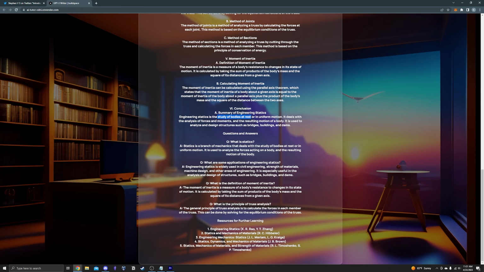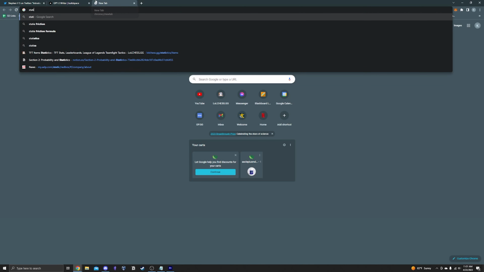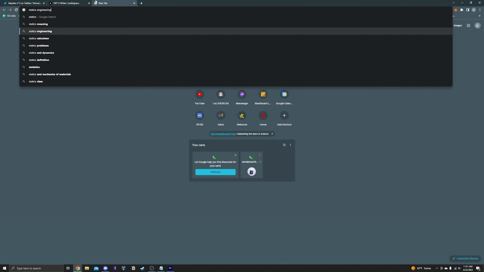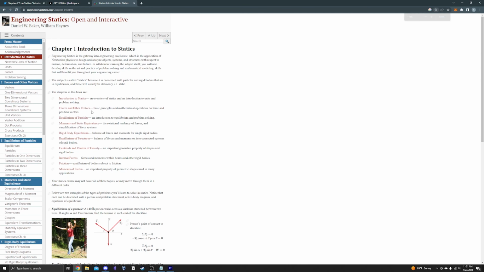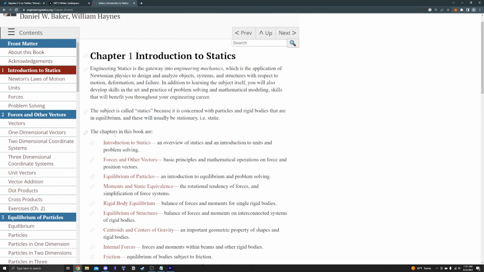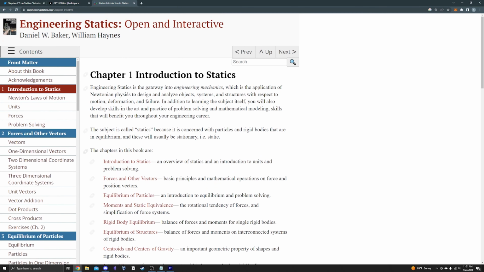In the study of bodies at rest or in uniform motion, I'm pretty sure statics did not include uniform motion. Newtonian physics is concerned with particles and rigid bodies that are in equilibrium, and these will usually be stationary, i.e. static.